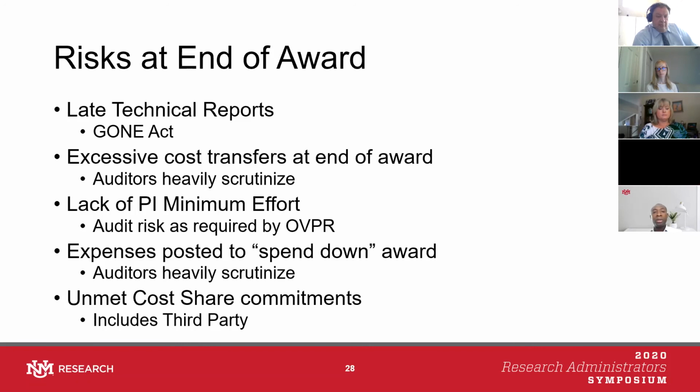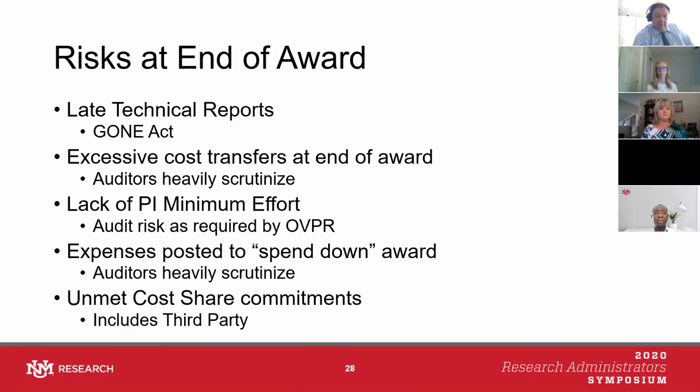It's also important that you are not doing significant cost transfers at the end of the award, as we talked about earlier, because these tend to be heavily scrutinized by auditors. Appropriate effort is being placed on the grant based upon the terms and conditions and by OVPR policy as well.